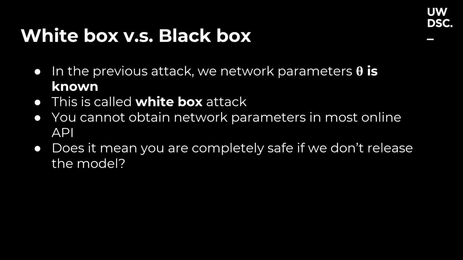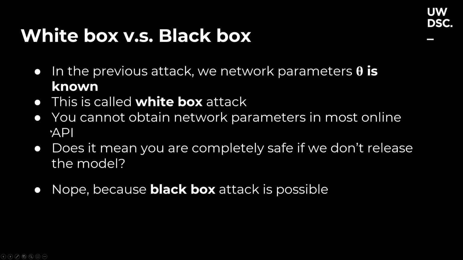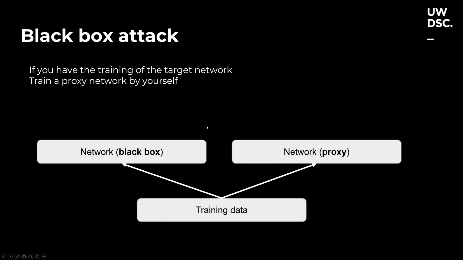So how would you be able to attack a model without knowing the parameters or even the training data? Black box attack is possible. So suppose we have a black box network, how would we attack it?